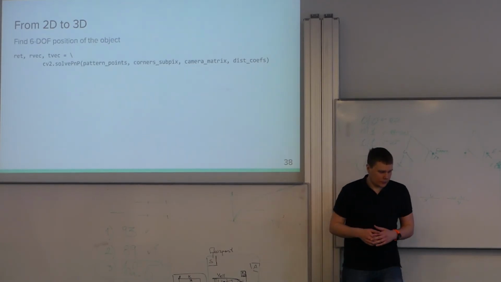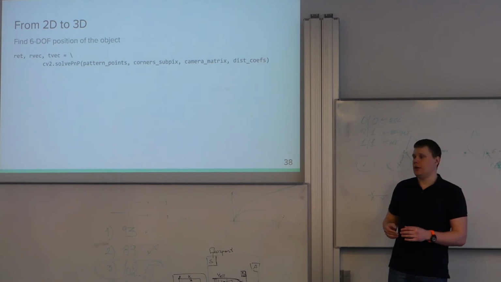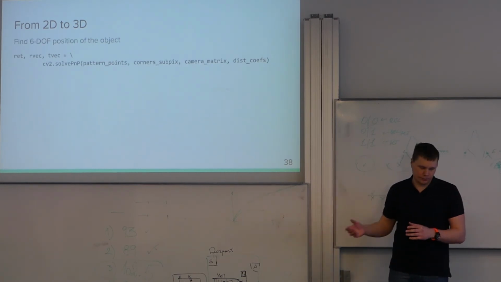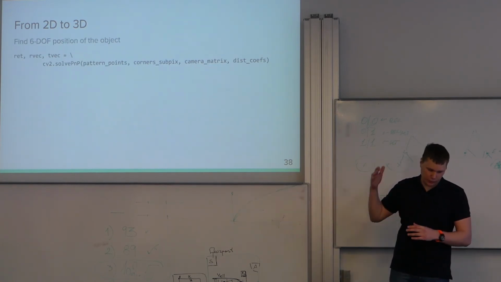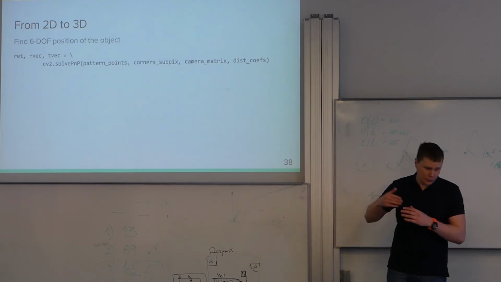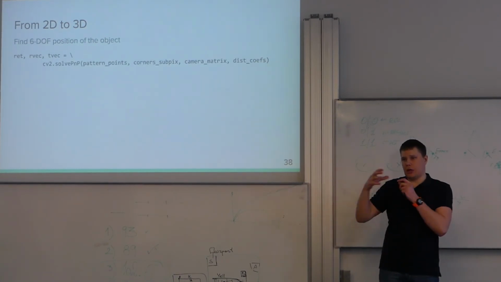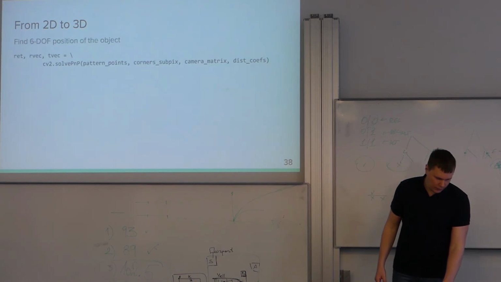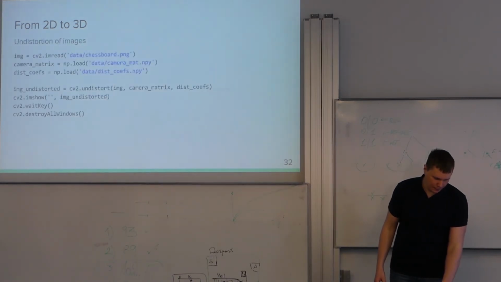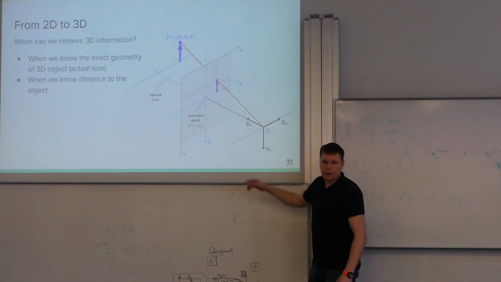It takes a set of 3D points in the object's local coordinate system. It takes 2D points from the image, and also the camera matrix and distortion coefficients, and returns rotation and translation vectors, showing how the object is placed in front of the camera. Again, returned vectors are in the local coordinate system of the camera.